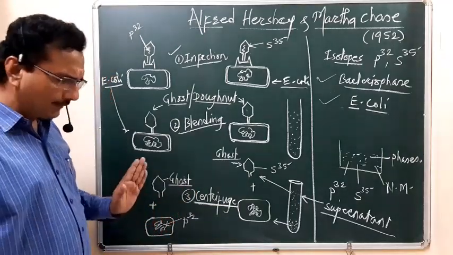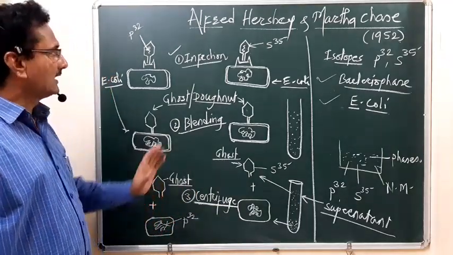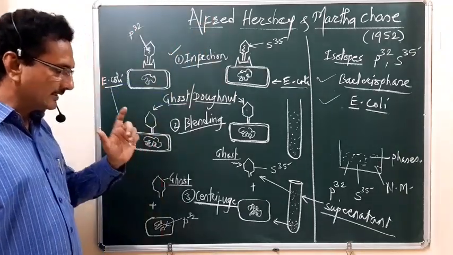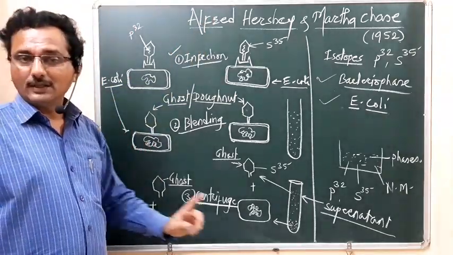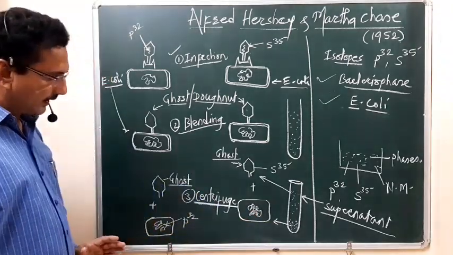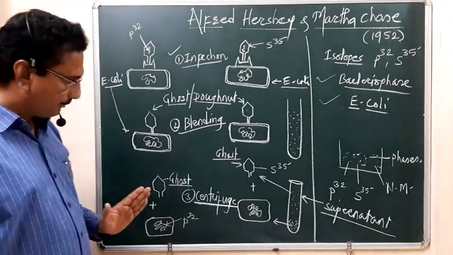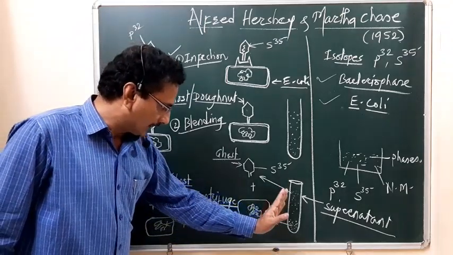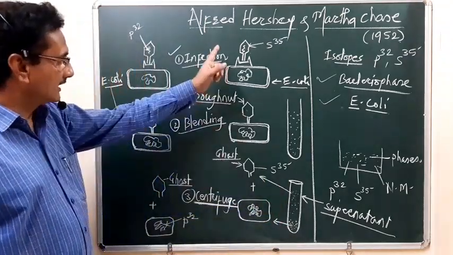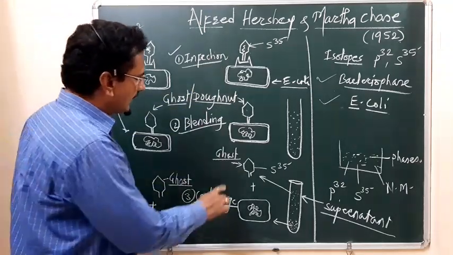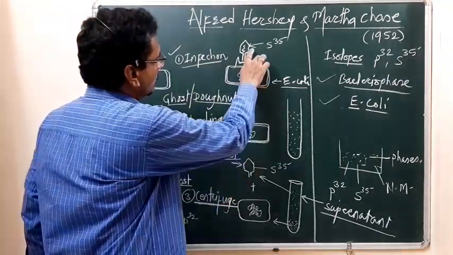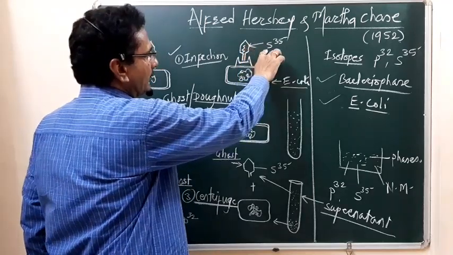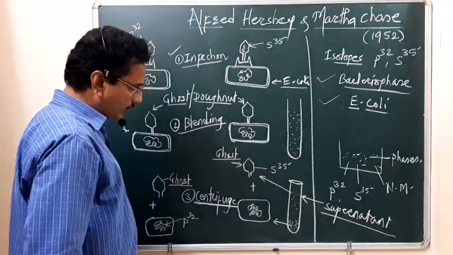Then after that, the scientists Alfred Hershey and Martha Chase checked the radioactivity of this test tube. What did they obtain? They obtained a different type of radioactivity on this side. Here they used the bacteriophage having a radioactive protein coat.